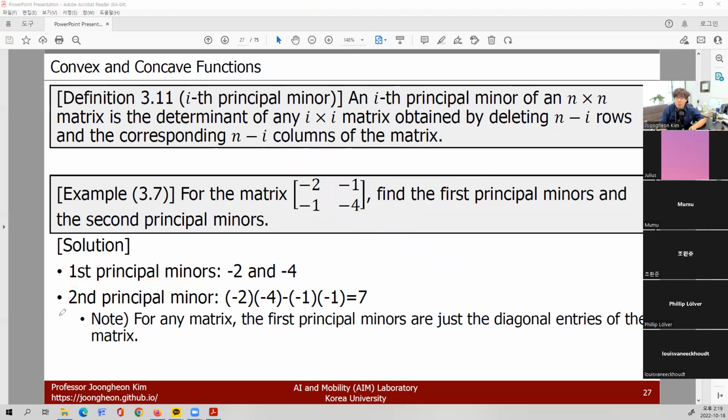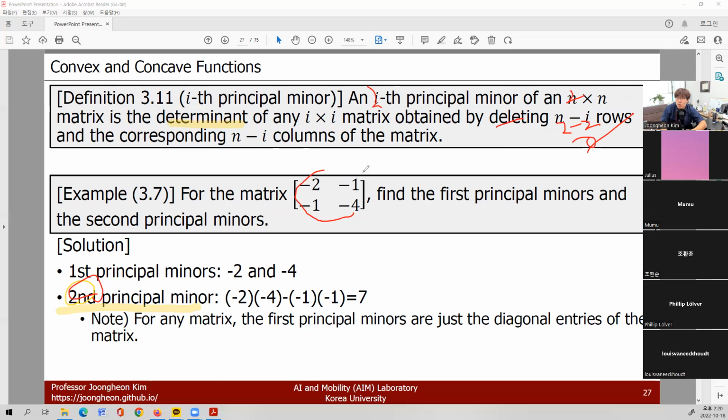Then what is the second principal minor? In that case, as I told you before, you have to calculate the determinant. Now, when you calculate the second principal minor, then I becomes 2. N is 2. That's why 2 minus 2 is 0, so you are deleting 0 rows, which means you cannot delete anything.